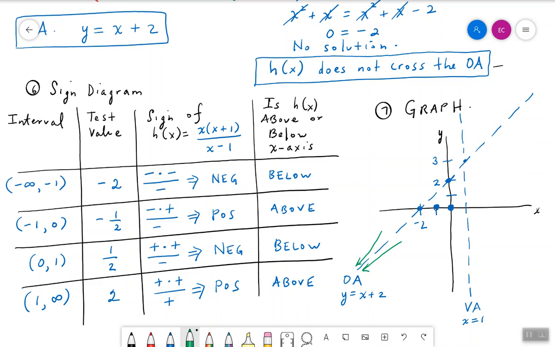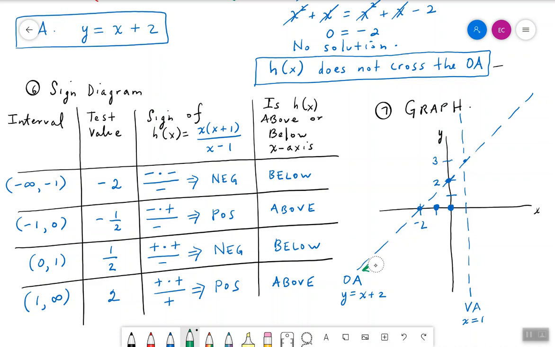And so how does it get there? Well, it doesn't cross the oblique asymptote. So it can't be this curve above. It has to be this curve below. It has to be this guy right here so that we can connect it up with the x-intercepts and come back to and then approach the vertical asymptote.